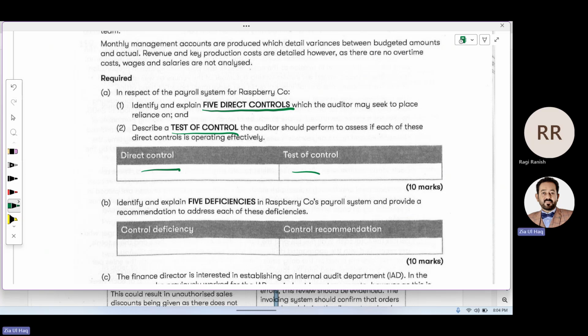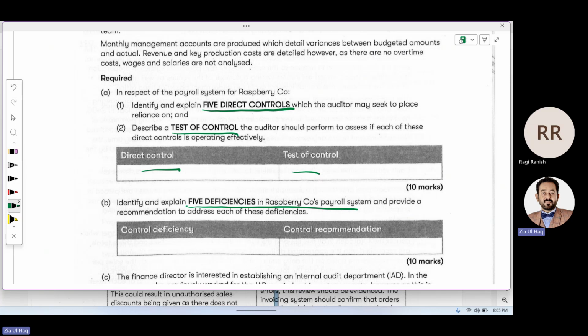And then there is requirement B for 10 marks. Identify and explain 5 deficiencies in Raspberry's payroll system and provide a recommendation to address each of these deficiencies. And the exam also will give it in the form of a table. That's why they have provided you a table.